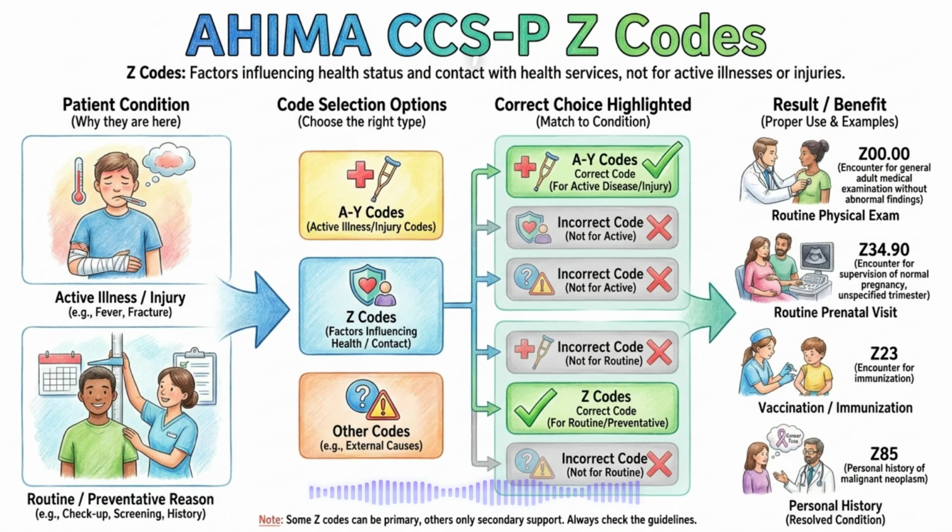Common examples include routine physical examinations, routine prenatal visits, vaccinations, or documenting a patient's personal history of a resolved cancer. Some Z codes can stand alone as the primary diagnosis, while others can only be used as secondary support codes.